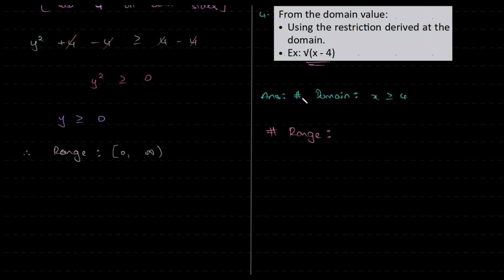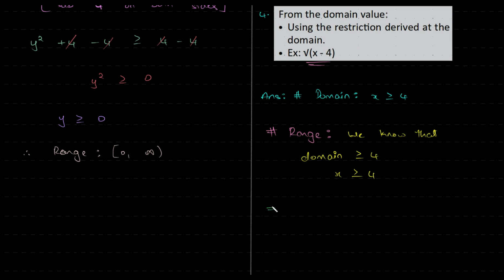So we'll start off with, we know that domain is greater than or equal to 4. That is, x is greater than or equal to 4. And now, from this I want to get this. How will we do this?